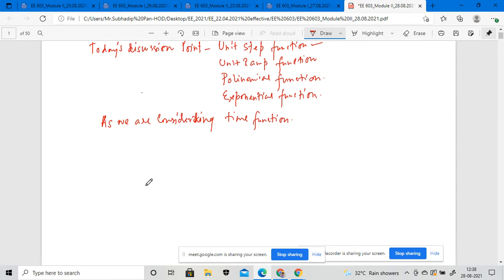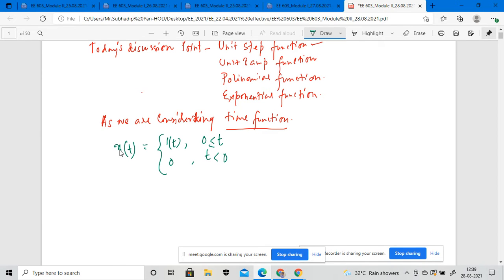As I told you in the previous lecture, the time function is x of t, whose value takes two cases: 1 of t, and 0. When the value is 0, we consider t less than 0.